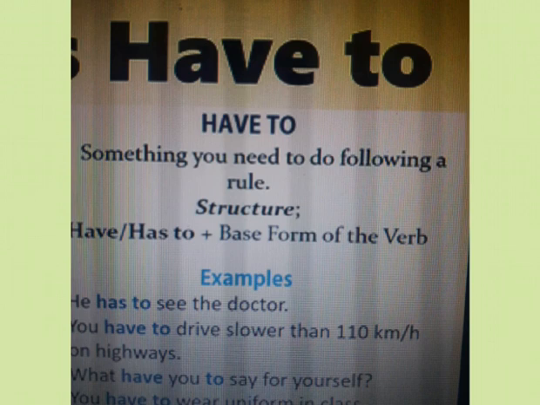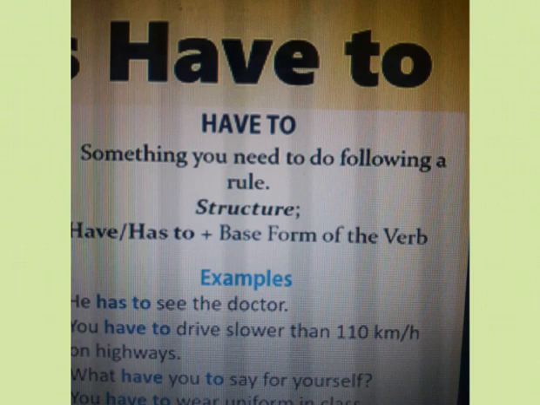In questions, we use do for I, you, we, they, plus have to, plus the base form. Then does for he, she, and it, plus have to, plus the base form.